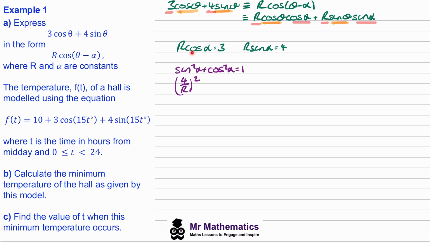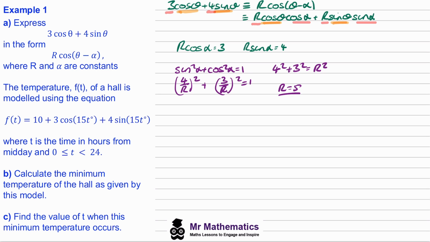And if we divide both sides by r here, we'll get the cos of alpha is 3 over r. And together they'll make 1. So if we expand the brackets out and move the r squared to the right-hand side, then 4 squared plus 3 squared will equal r squared. So you can see that r will equal 5.